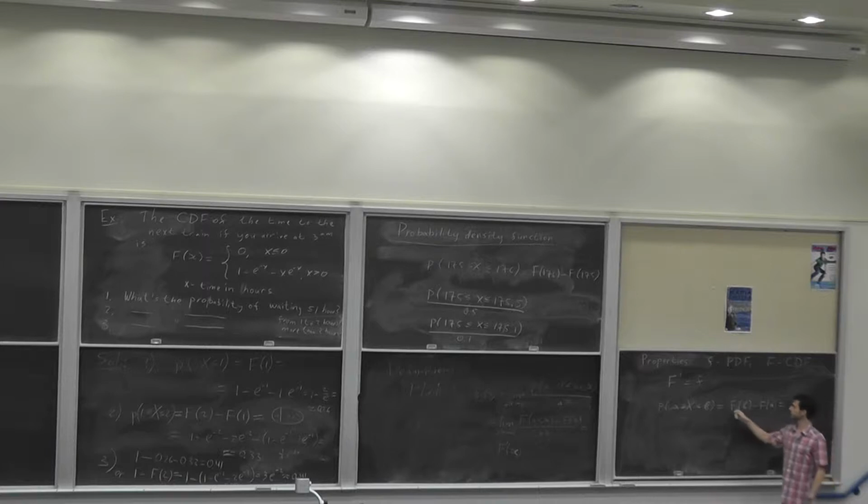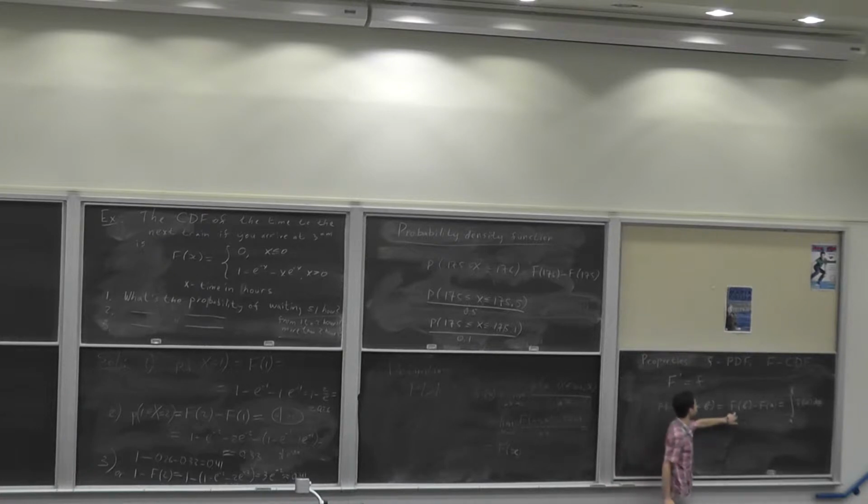But now recall that small f is just the derivative of this capital F. So this thing is in fact the integral from a to b of the density function. That's the fundamental theorem of calculus.